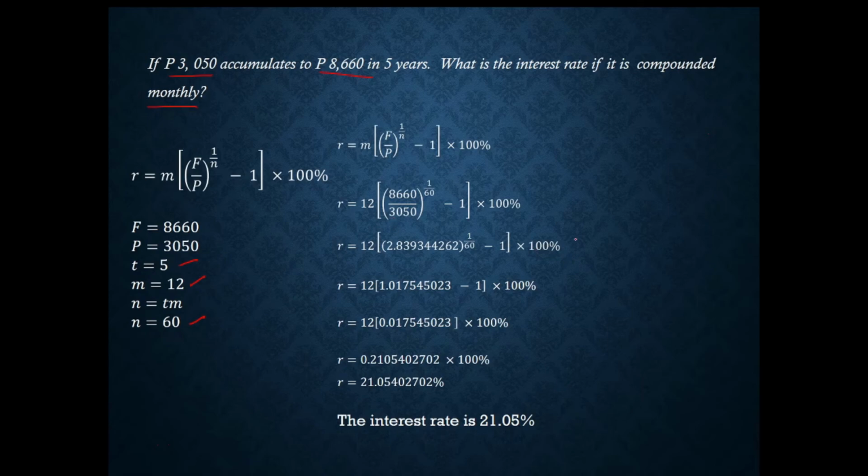Substituting that to the formula, kindly check for each line if I did the correct substitution, and if I considered all of the digits in my given. But eventually the interest rate will amount to 21.05%. That came from 21.05402702%, since I've already multiplied that by 100%.